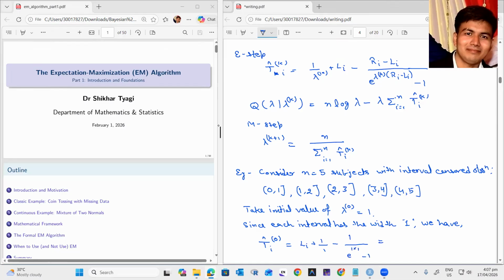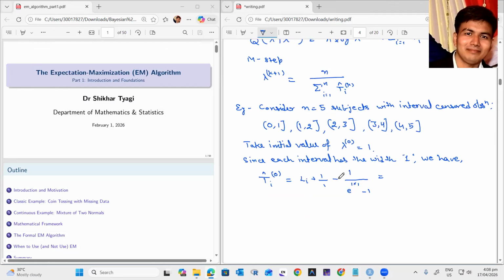So for each value of i from 1 to 5, it will be Li plus 1 minus 1 upon e minus 1.